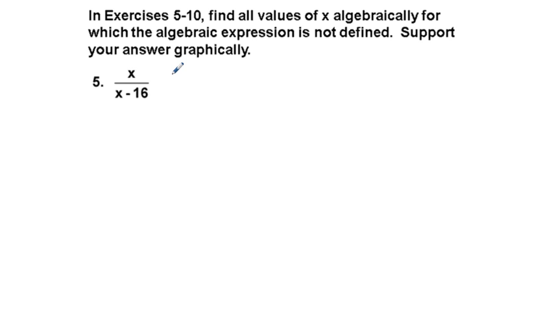Next set, exercise 5 through 10, find all values of x algebraically for which the algebraic expression is not defined. Support your answer graphically. So we're looking at algebraic expressions, not a function, not an equation, but just an expression. So what we look for in this, we look for exclusions.